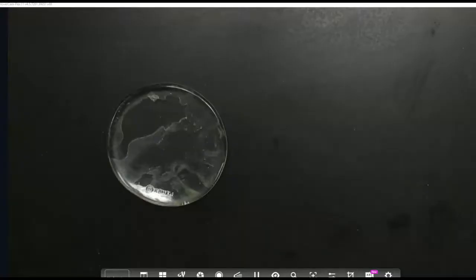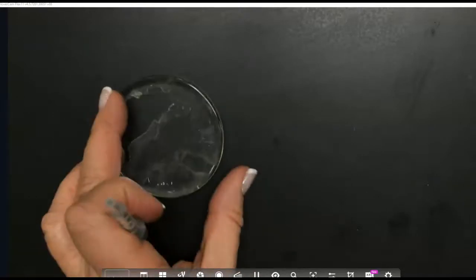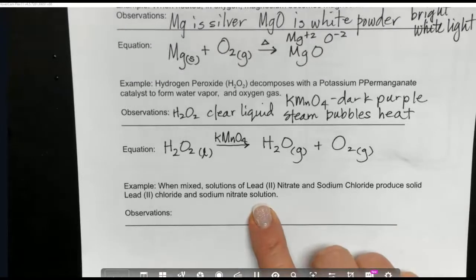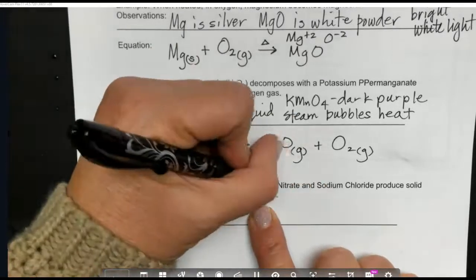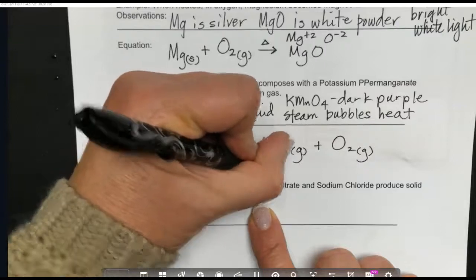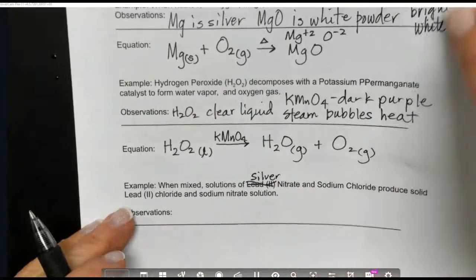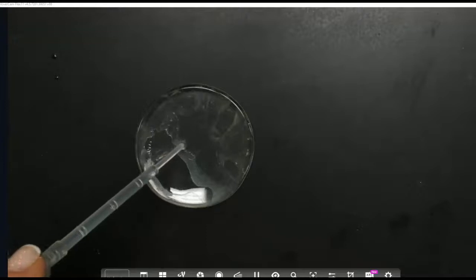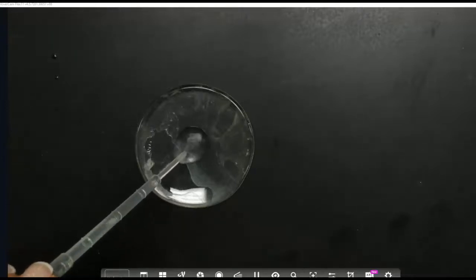All right, so my next reaction says that we are using lead(II) nitrate. We are actually going to change our lead(II) to silver because my lead(II) was not working. So we're going to use silver nitrate instead. For this reaction, I'm going to put some silver nitrate on my dish, and I'm going to use all of it up.